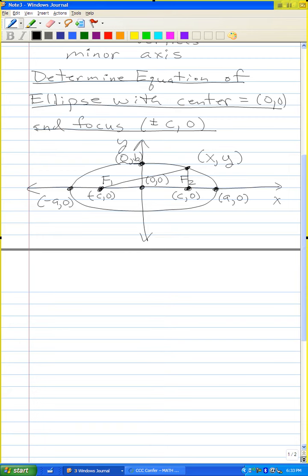So again, the fact that the sum of the distances to the two foci will be the same, then this point must be antipodal to this other point, so it must be at 0, negative b. And let's try to use that to find the equation for this.